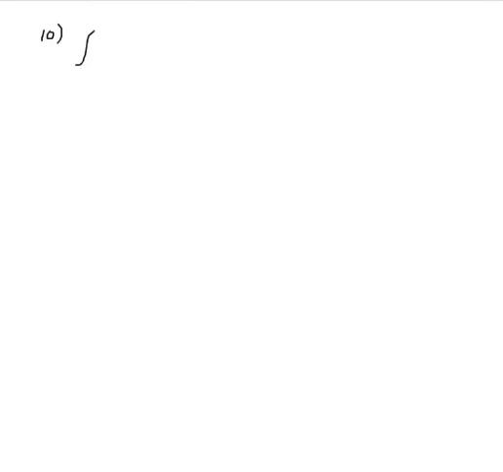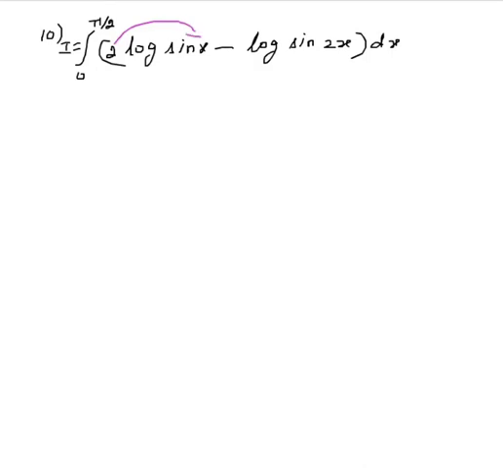Question number 10. I is equal to integral 0 to pi by 2 of 2 times log of sin x minus log of sin 2x dx. Let us simplify this. We will take this 2 as the power so that we can combine the log terms.